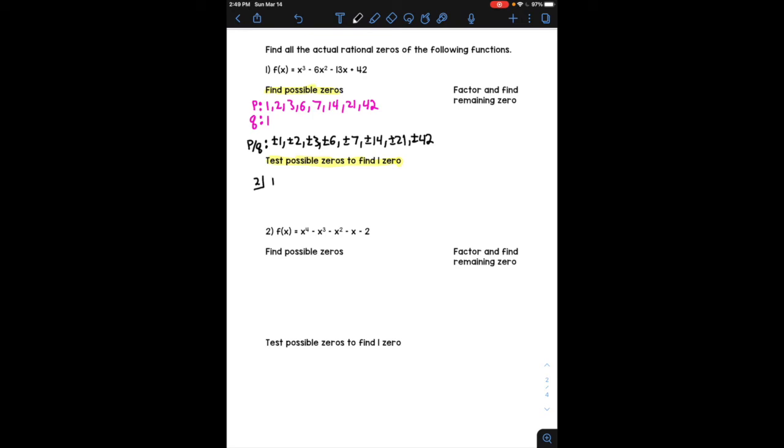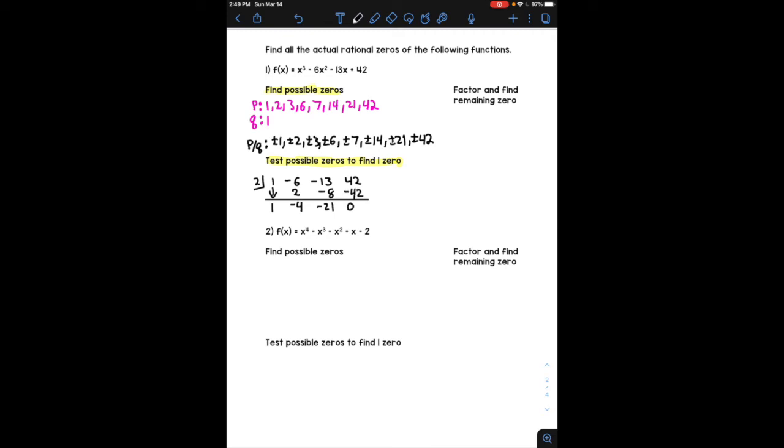I'm going to go ahead and list our coefficients and use the synthetic substitution method to test if 2 is a solution. 2 times 1 is 2, -4, which is -8, -13 and -8 is -21, -42.